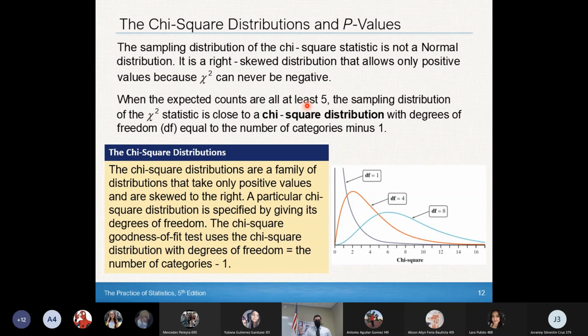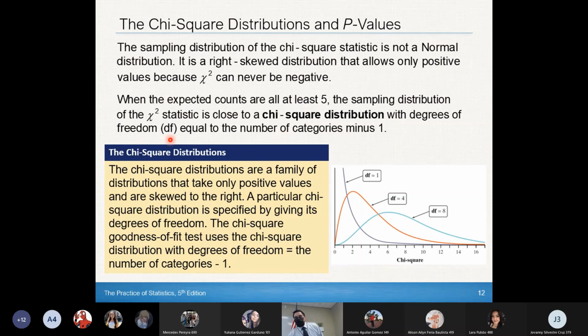It is essentially like a large counts condition, except instead of being all at least 10, it's now at least 5 because we can have lots of categories. The sampling distribution of the chi-square statistic is close to a chi-square distribution with degrees of freedom equal to the number of categories minus 1.